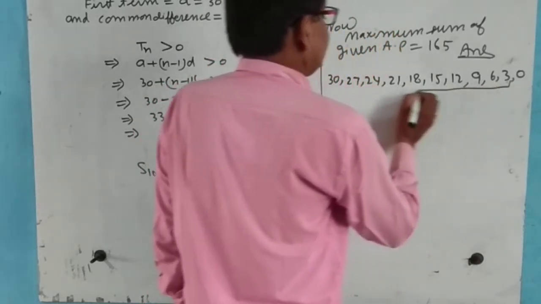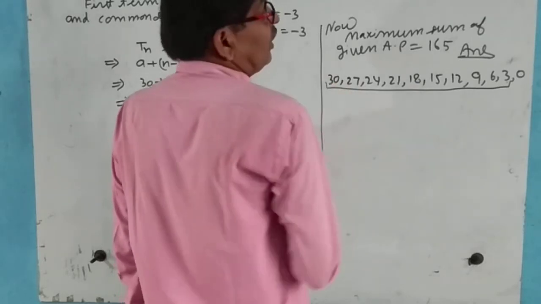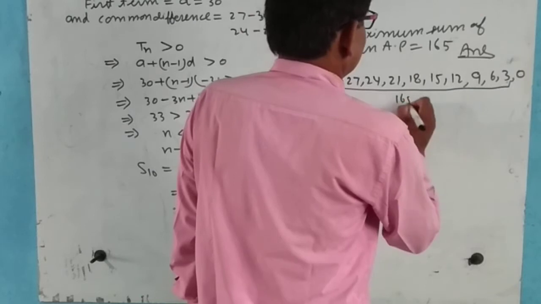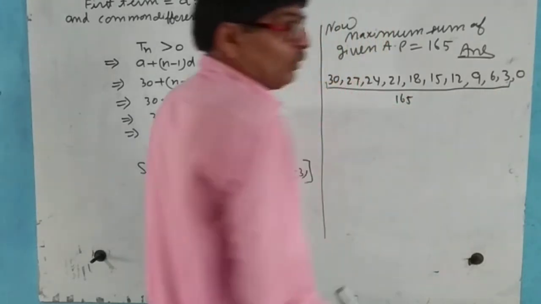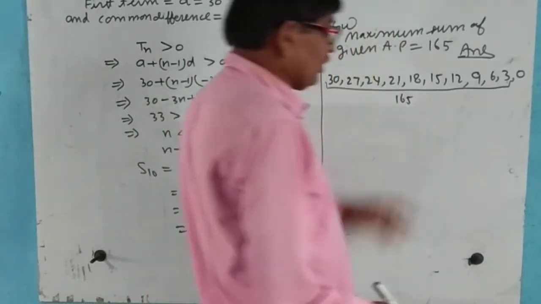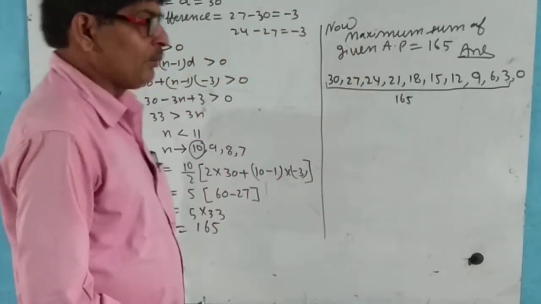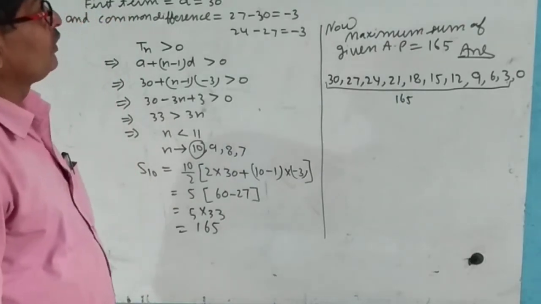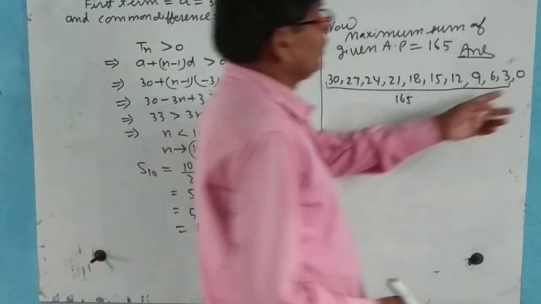This is the 10th term. The sum of this is 165. If it asks for 11 terms, that is also 165. It may be possible to be asked to find the sum of 11 terms, that is also 165.